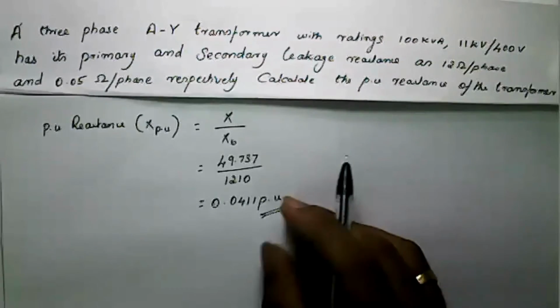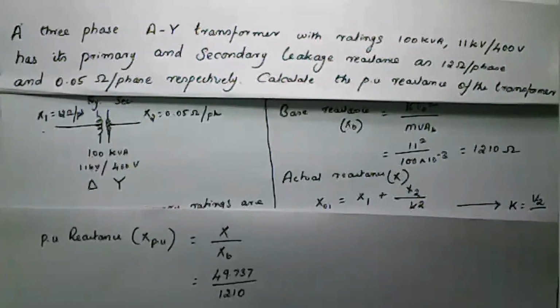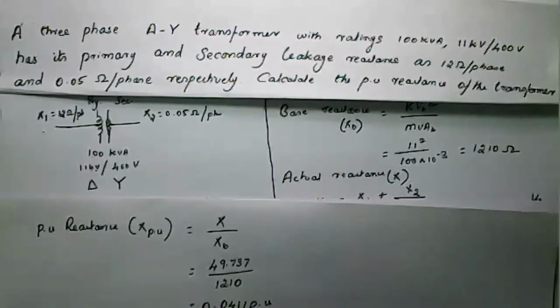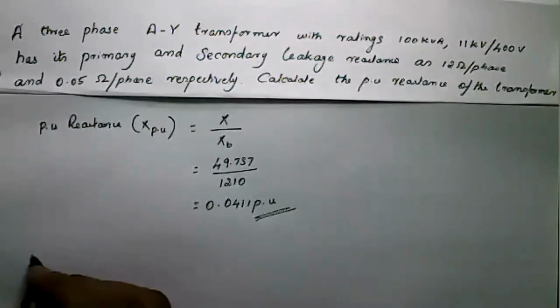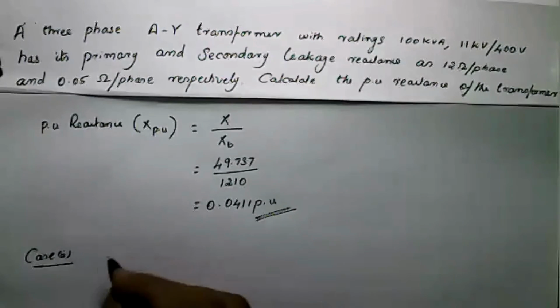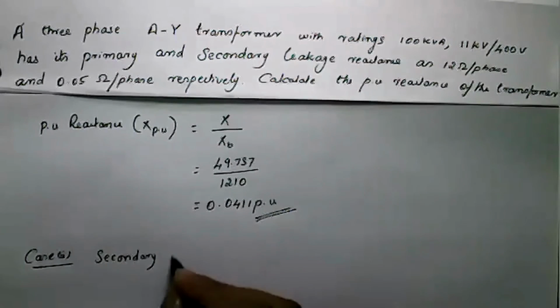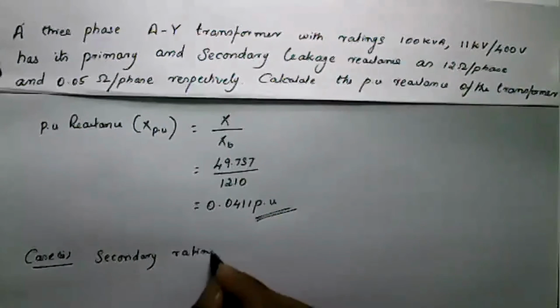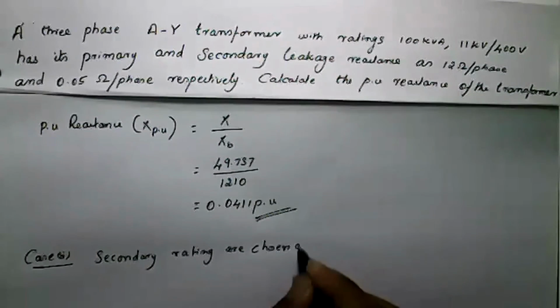Now let's calculate the same problem on the secondary side. That means we transfer the reactance into the secondary side, X02. This is number 2. Secondary ratings are chosen as base value.